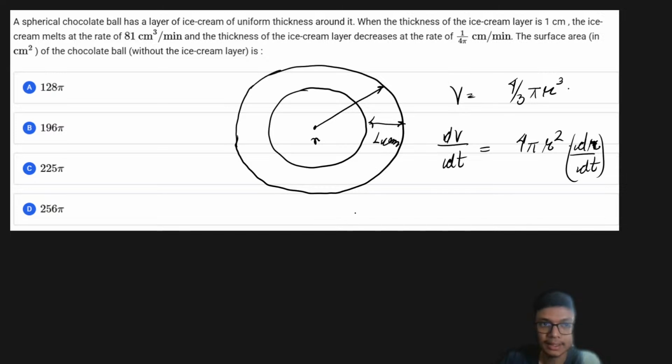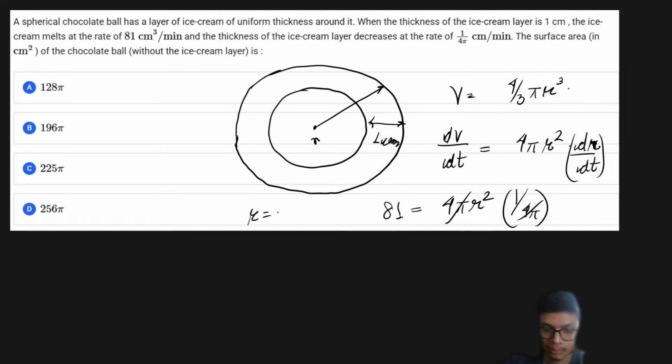Now it is said that the rate of melting of the ice cream is 81 cubic centimeter per minute, which is equal to 4 pi r square dr by dt, where dr by dt is given as 1 by 4 pi. From this particular part, you are going to get the radius of this spherical chocolate with the ice cream as 9 centimeters.